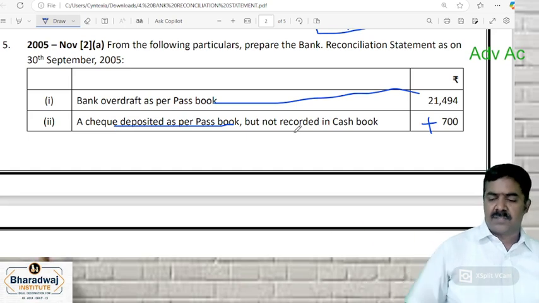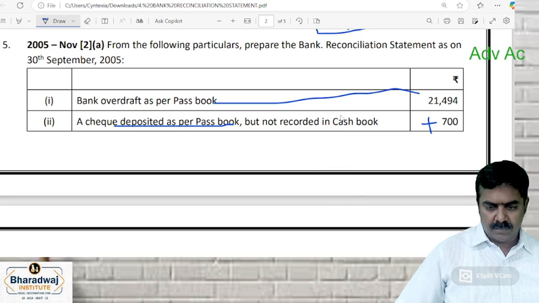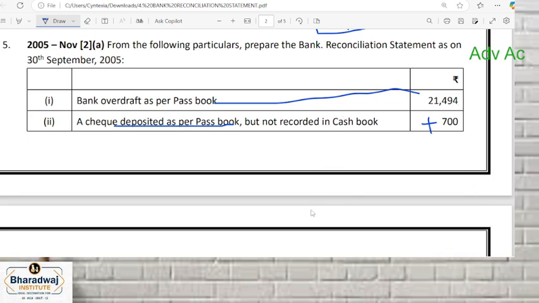Try the remaining adjustments. All the other adjustments try பண்ணுங்க.